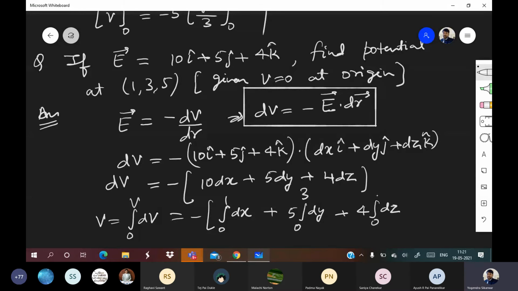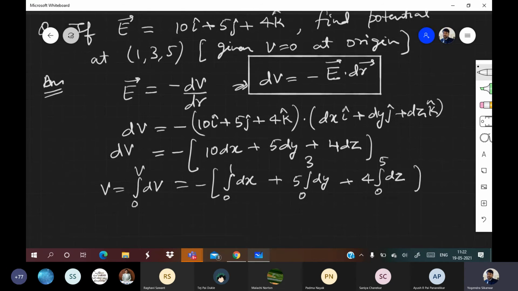So V comes out to be minus, which is outside, integration dx comes out to be x, limit from 0 to 1, plus 5 dy comes out to be y, 0 to 3, plus 4 z, 0 to 5.